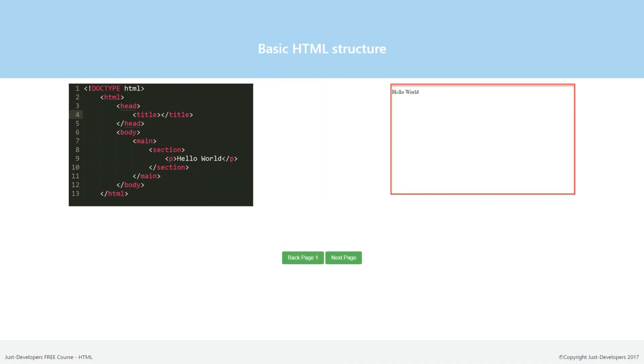So we've got the very first tag, which is the doctype. Essentially what the doctype does is let the web browser know that we're going to use HTML5. There is a lot more to it than what I'm going to go into detail about, but all you need to know is you need to have the doctype html in to use HTML5.